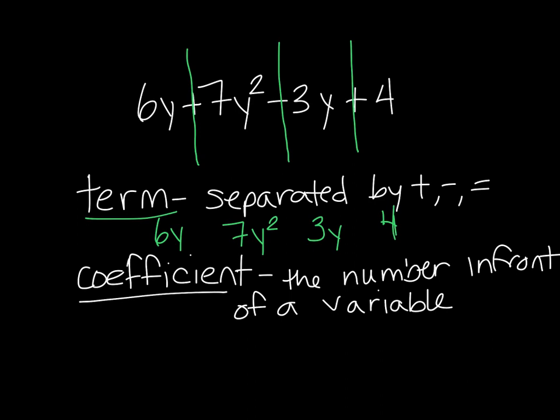So, numbers in front of variables, I see a y, but there's a 6 in front, so 6 is a coefficient. 7 is in front of y squared, 7 is a coefficient. 3 is in front of y, so 3 is a coefficient. The 4 does not have a variable on it, so it is not a coefficient.